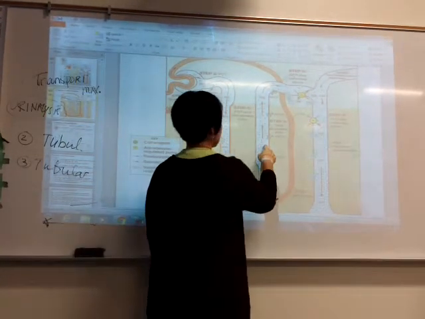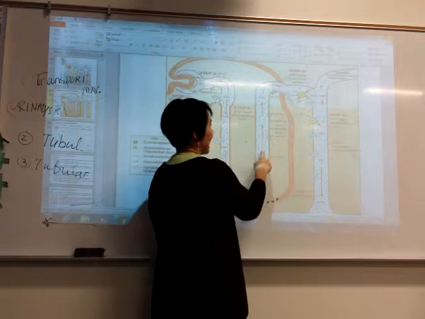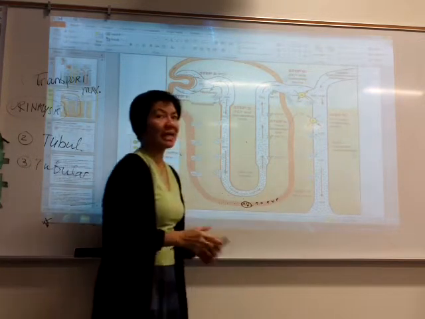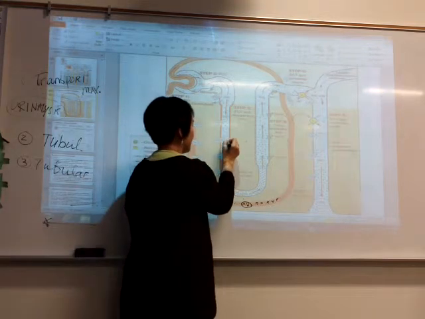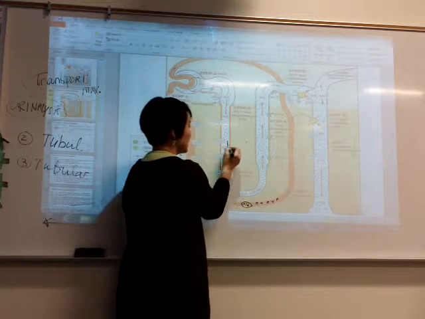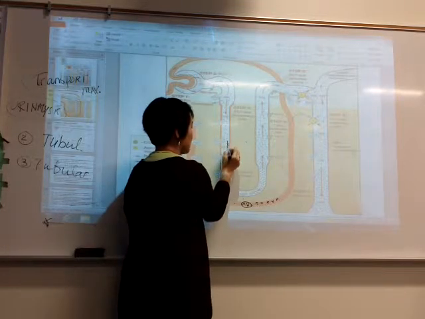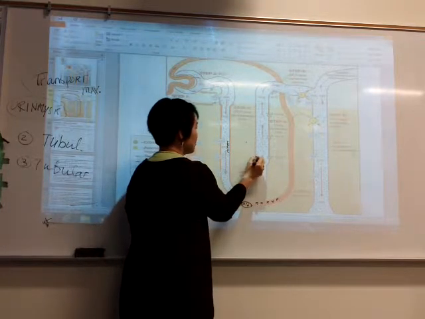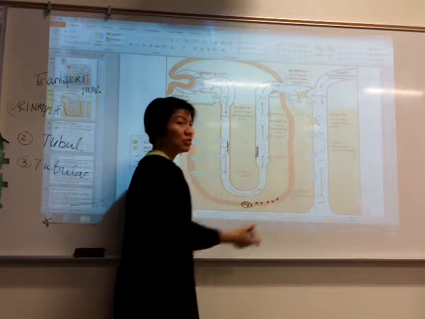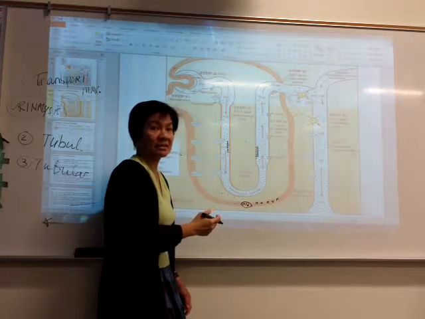And so this part right here, okay? When you get to this last part right here, this is made up of cells. Remember that everything is just made up of cells, right? This is simple squamous epithelium cells. This is simple cuboidal epithelium cells. So these cells right here are also metabolically active. So they're also producing waste.